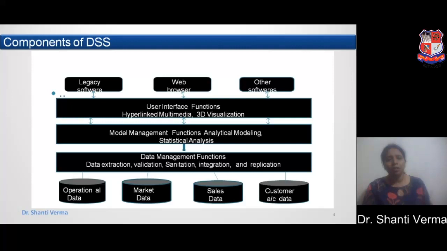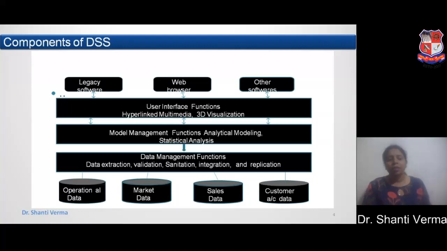Now, let's discuss the components of Decision Support System, DSS. For explaining this diagram, I am following the bottom to top approach. In the bottom, you can see there are different types of databases, for example, operational data, market data, sales data, and customer account data.